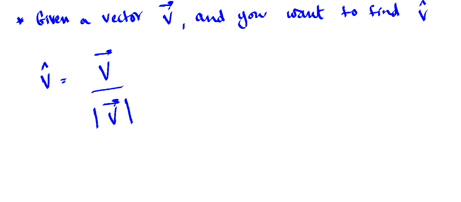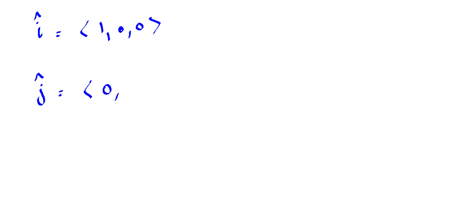There are some special unit vectors that we need to know. First one is i, which has the components 1, 0, 0. Second one is j, which has components 0, 1, and 0. Last one is k, which has the components 0, 0, and 1. And let me show you how they look.